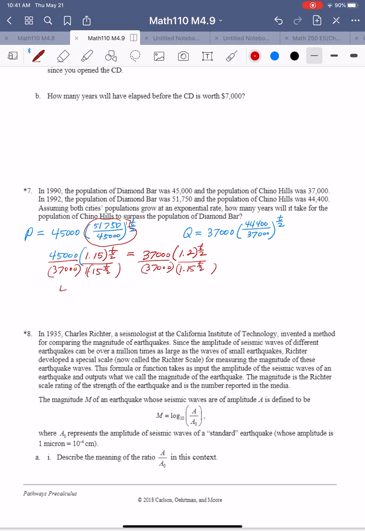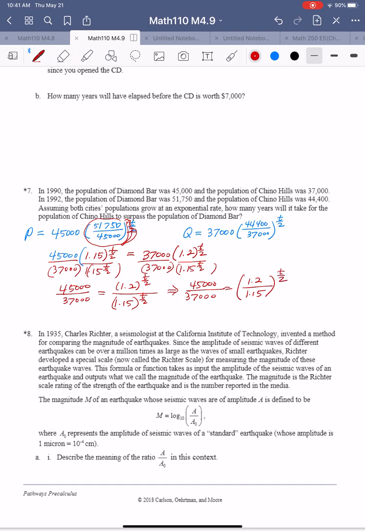And then you get 45,000 over 37,000 equals 1.2 to the t over 2 over 1.15 to the t over 2, okay? So yeah, don't worry about this, just this one to change, okay? 45,000 over 37,000 equals 1.2 over 1.15 to the t over 2.